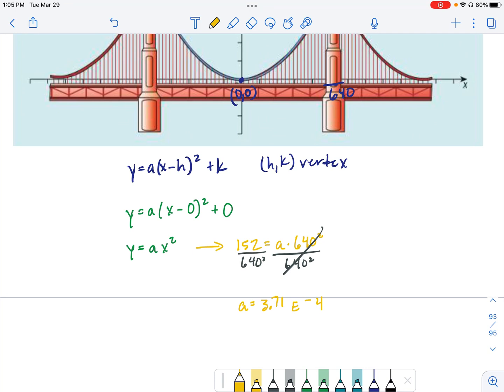And that E is scientific notation, and the E negative 4 tells you to move the decimal from where it is 4 places to the left.